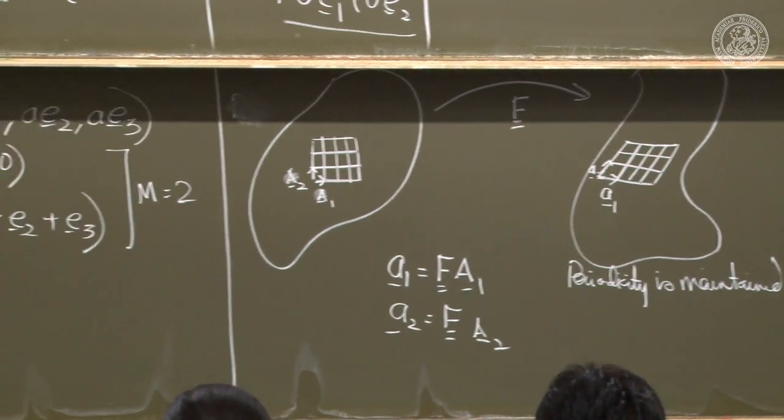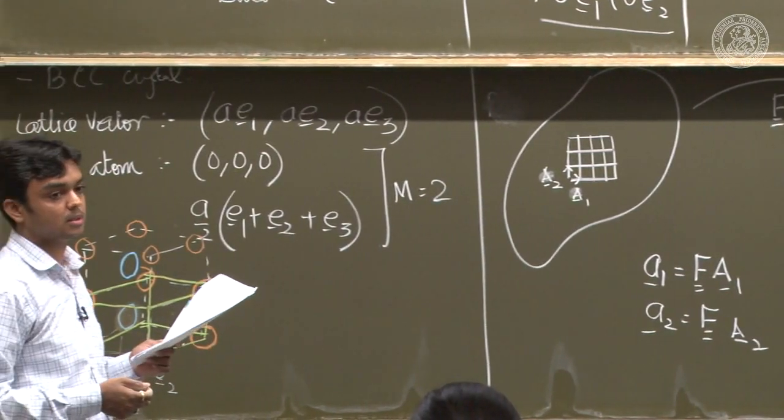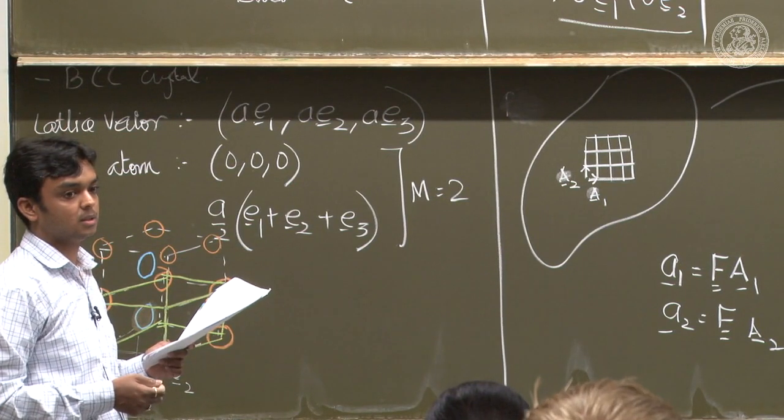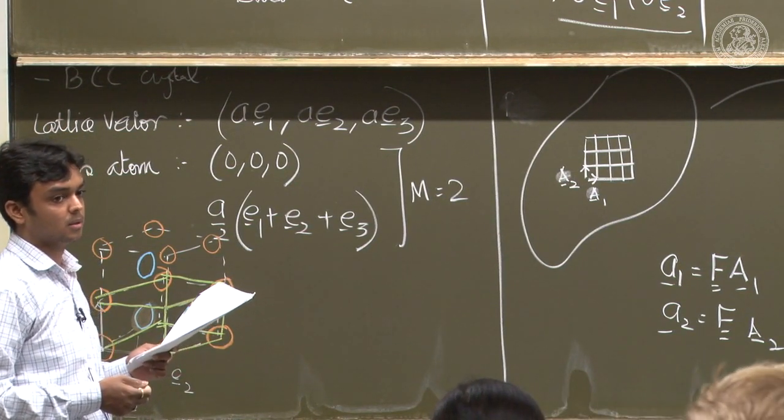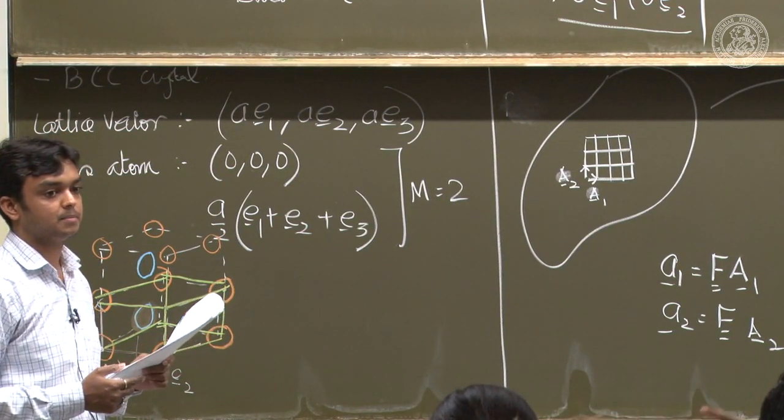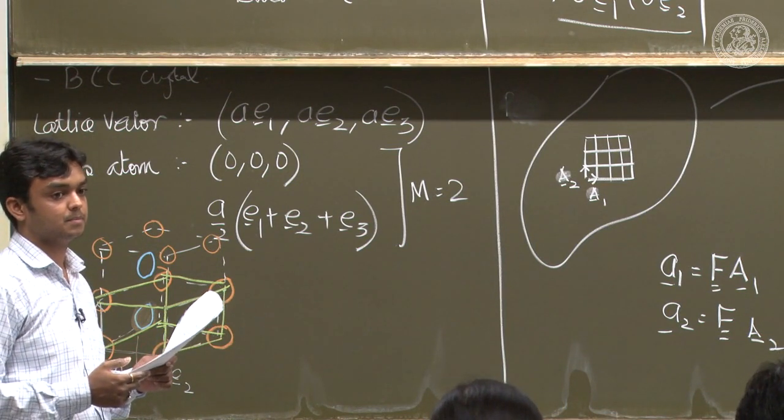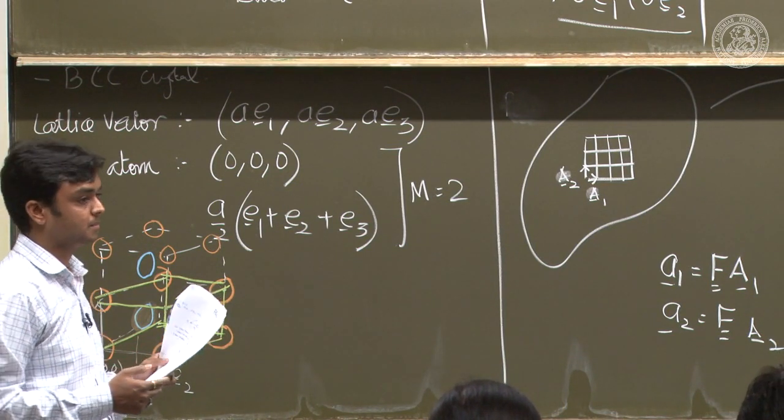Could you explain why it remains periodic, a small part of the crystal layer, when you apply any arbitrary deformation gradient? Why does it still remain periodic?